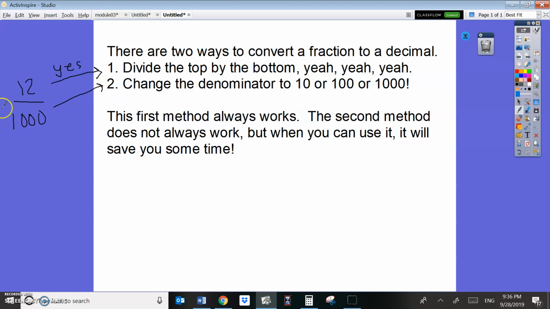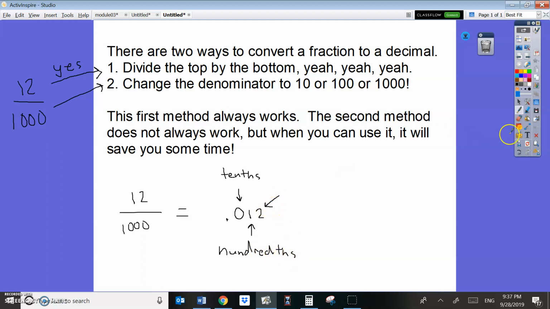Okay. So this 12 over 1,000 is the same as, this is tenths, remember? This is hundredths. And this here is thousandths.